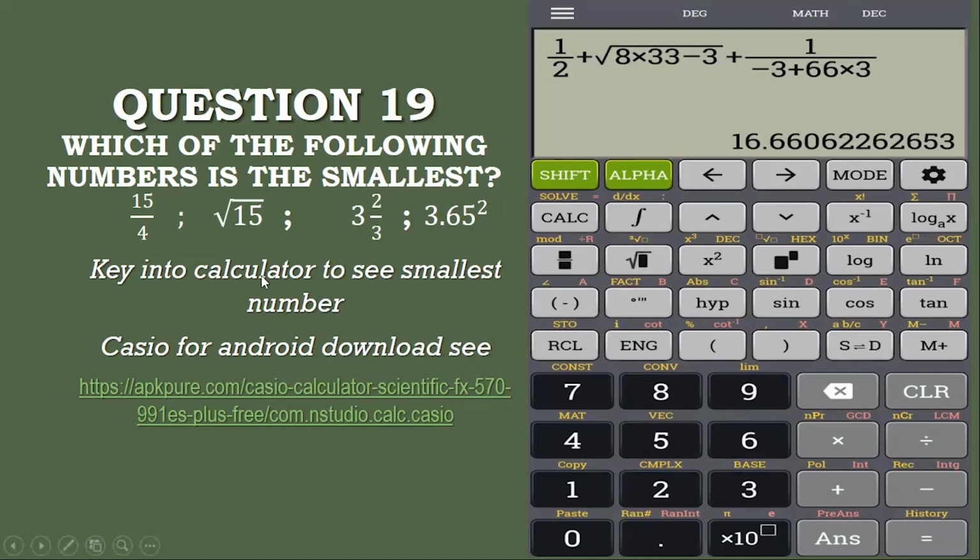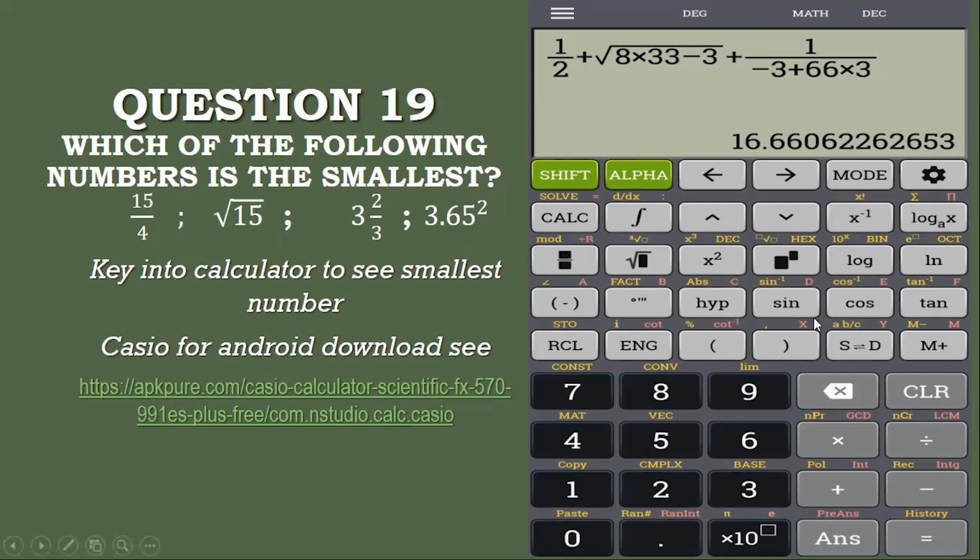Then with your arrow, you go down to the bottom one and you key in 4. And then you press equals. There is no enter, so you press equals. And when you press equals, it will come up as 15 over 4. And you will think, I have gained nothing.